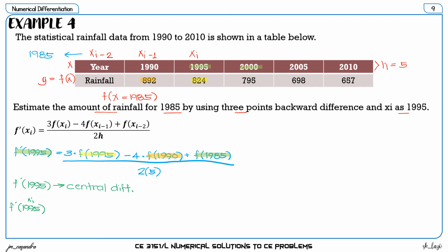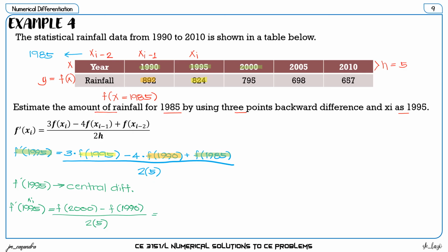So before and after will be equal to f of 2000 minus f of 1990, divided by 2 times h, which is 5.